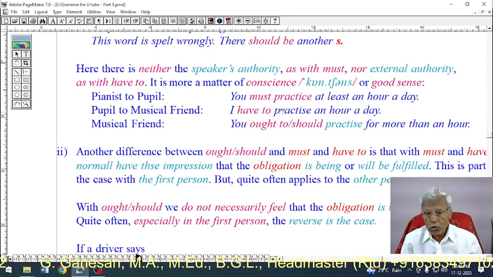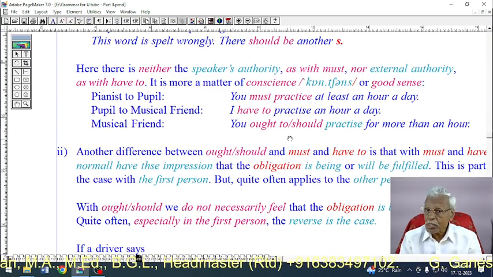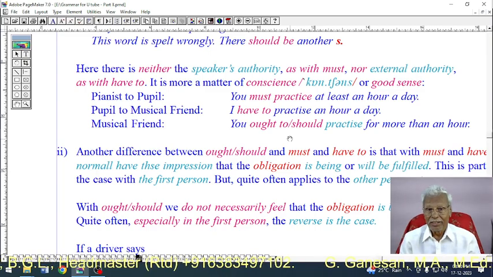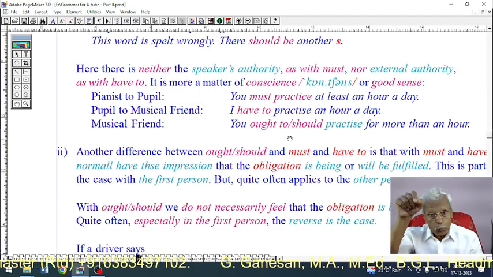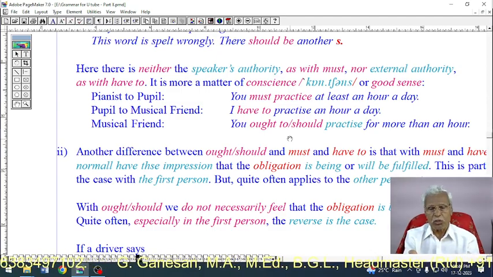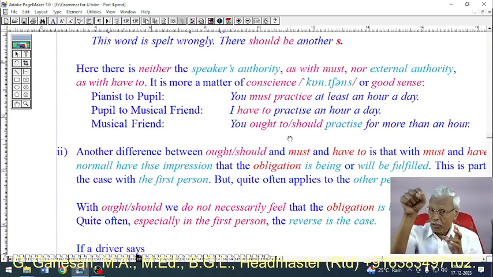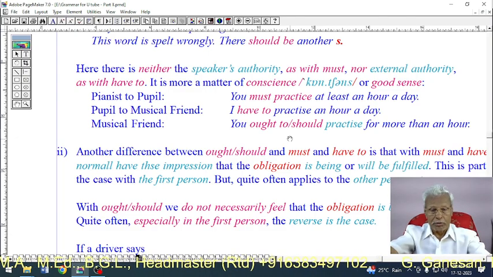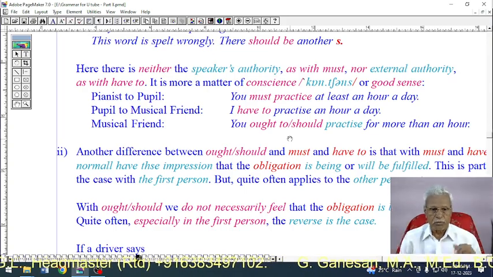But when we use ought or should, we are simply suggesting. We do not expect, we do not feel the action would be fulfilled. It may or may not be fulfilled. That's all. So, when must or have to is used, the action will be or is being fulfilled. But when we use should or ought to, it may be fulfilled. That's all.